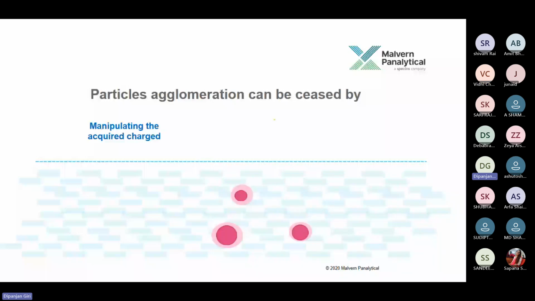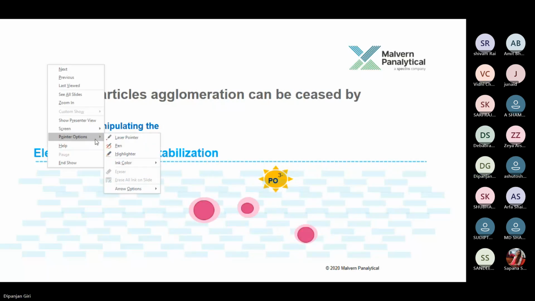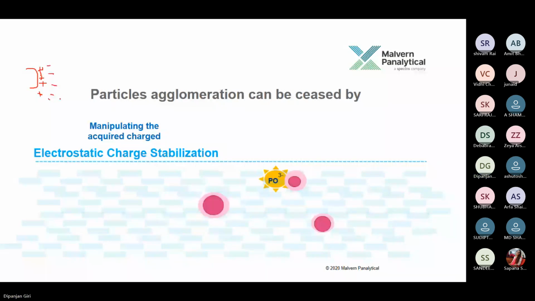We can manipulate the charge by adding the opposite charge to whatever you have on the particles. So let's say the particle has a charge here, and if you add that extra charge, it will form another charge layer.